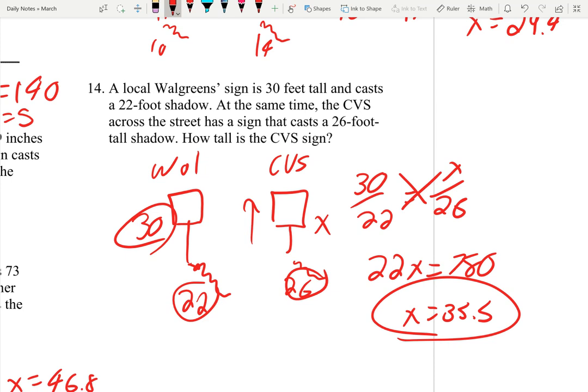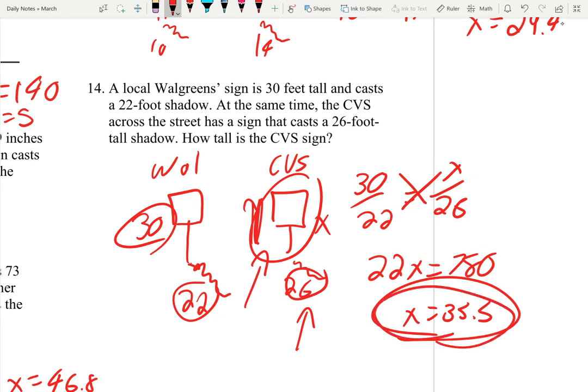If our answer ended up being smaller than 30, we would wonder, how is that possible? That would be a red flag to me. It tells me I did something wrong. Because why would a shorter sign cast a longer shadow than another sign? So if the shadow is longer here, then the sign is taller here.